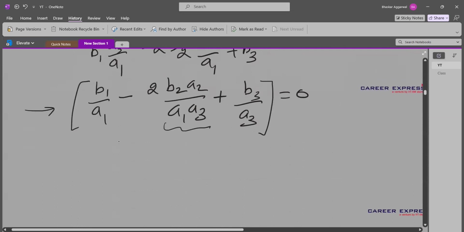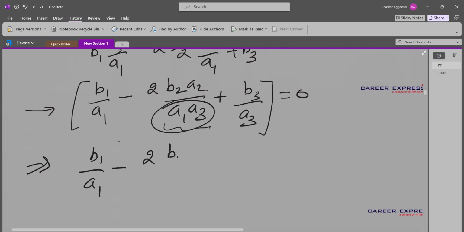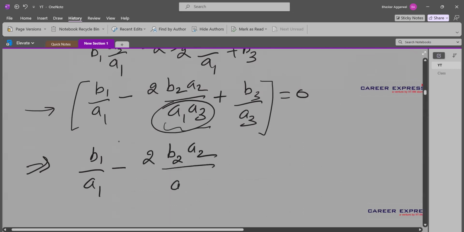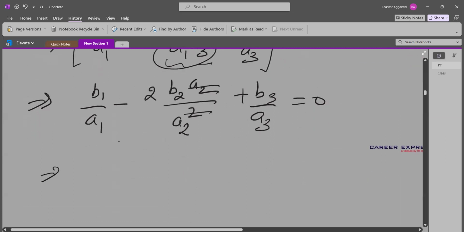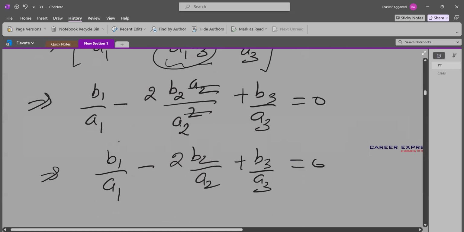So a1a3 can be replaced with a2². So what we'll have is b1 by a1 minus 2b2a2 upon a2² plus b3 by a3, and that should be 0. We can cancel a2 with a2. So finally we have b1 by a1 minus 2b2 by a2 plus b3 by a3, that is 0.